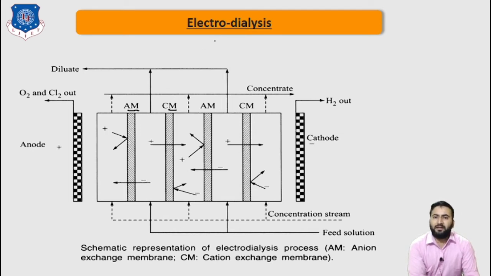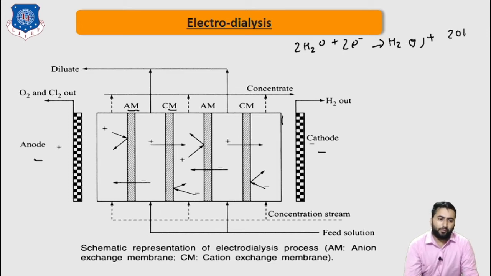Electrodialysis takes place in an electrodialyzer, equipment made of two electrodes, one anode and one cathode, as shown in this figure. The usual reaction at the cathode is given by 2H2O plus 2 electrons gives H2 gas plus 2OH minus, right. For this we require some amount of energy in the form of electricity.